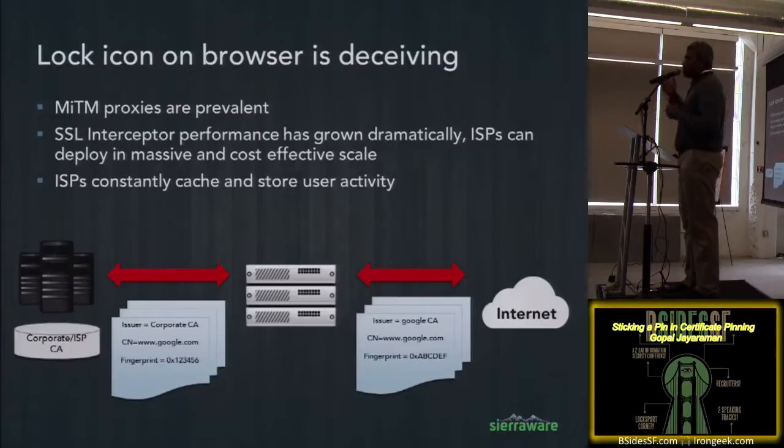Basically what they do is you first try to establish a SSL connection to Google. The MITM proxy in between determines that, okay, this is a new SSL connection. It creates a fake Google certificate using its own CA certificate. It signs itself. And then it establishes SSL connection between the gateway and the PC. From an end user, the PC is very happy because he sees a lock icon.